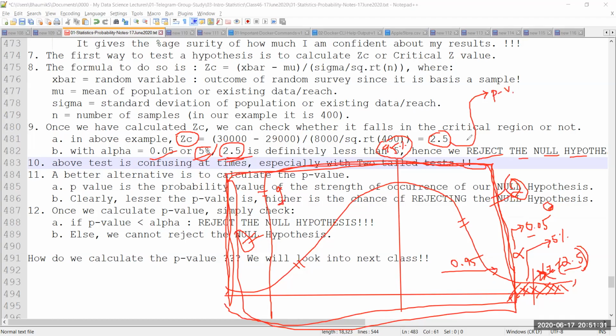So if I take the p-value, that p-value is calculated out of ZC. And I've already told you I'm going to show you how we calculate that, because there is a formulation. We are going to have to use a normal standard distribution kind of function. I hope you are able to recall the function already. It is there in Excel, NORM.S.DIST. If I use NORM.S.DIST, I will be able to convert a z value into a p value.